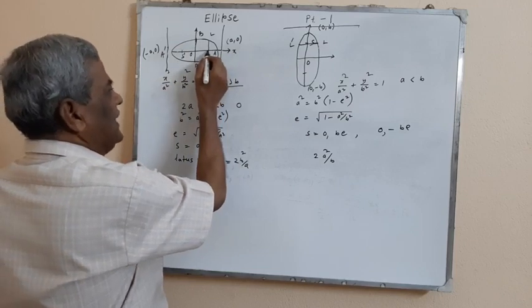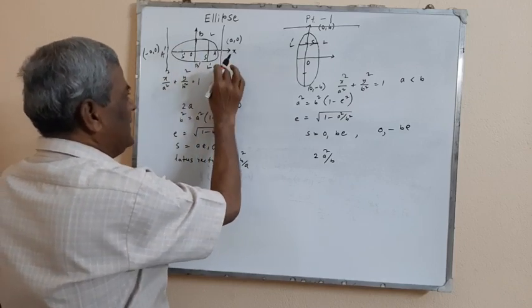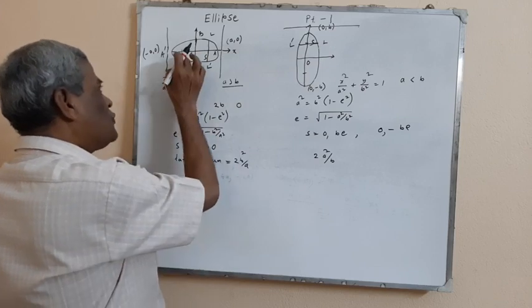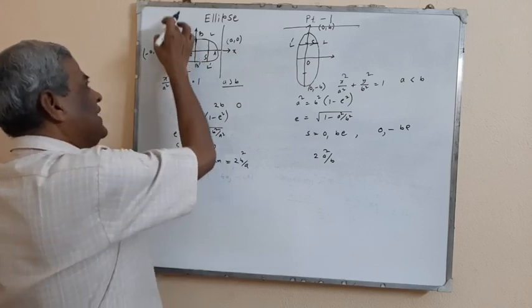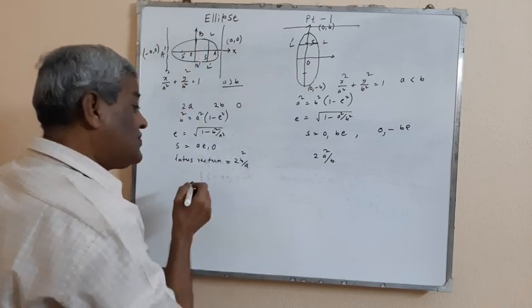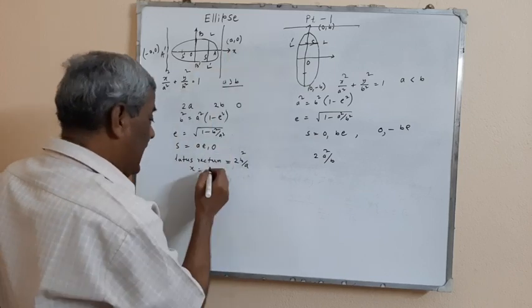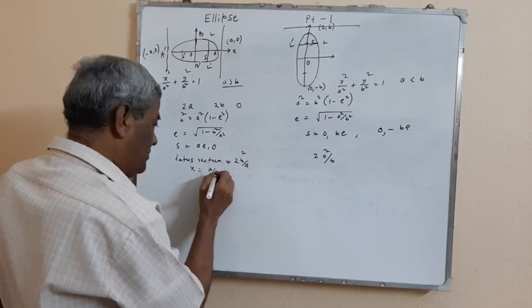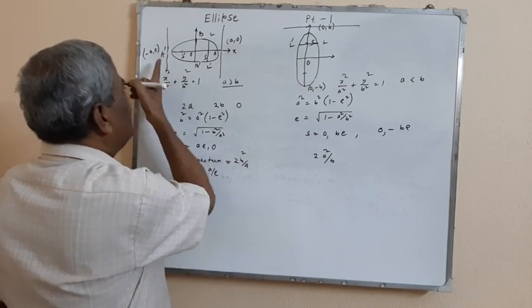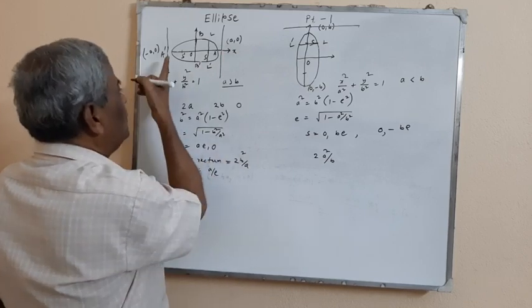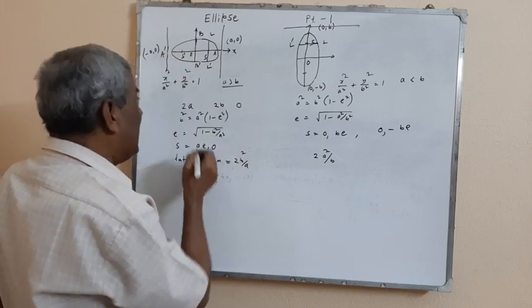Corresponding to the focus S, the corresponding directrix is this, and corresponding to focus S dash, the directrix is that. Its equation is x is equal to a by e, and the other is x is equal to minus a by e.